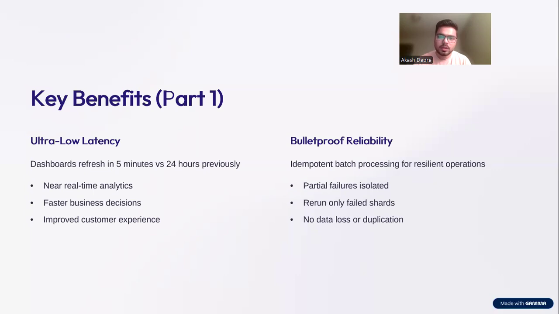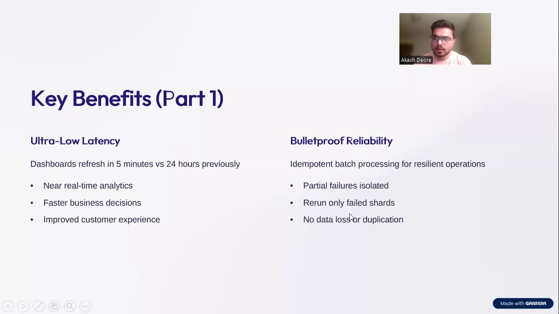Second key benefit is bulletproof reliability. Batch level isolation and independent writes confine failures to small units. Reruns are automatic, so no partial failures occur.